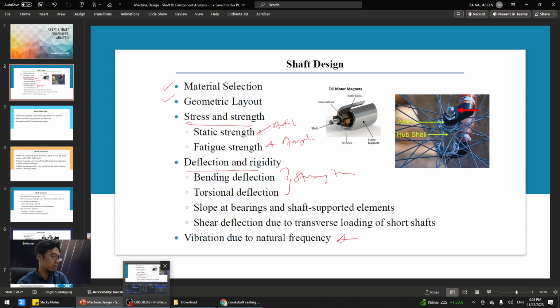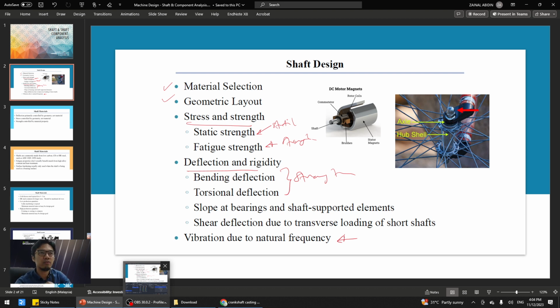Sometimes designers forget to consider vibration in their shaft design. If you have a shaft design that is close to the natural frequency, you might have a problem when your shaft rotates at a certain frequency close to its natural frequency.